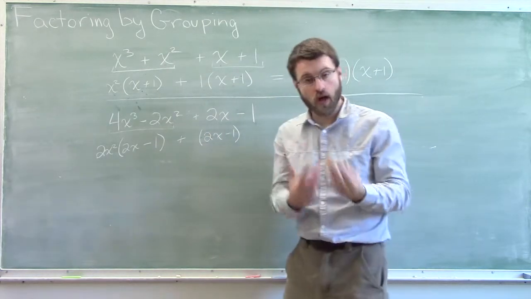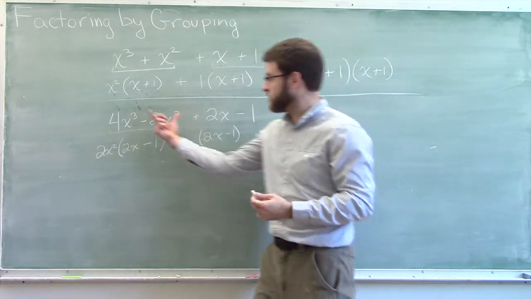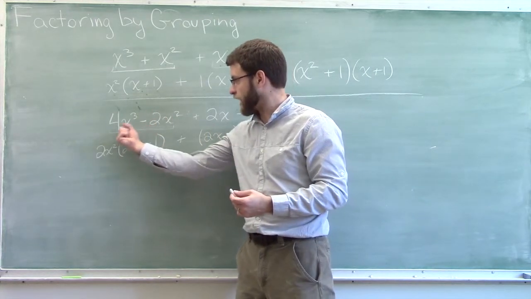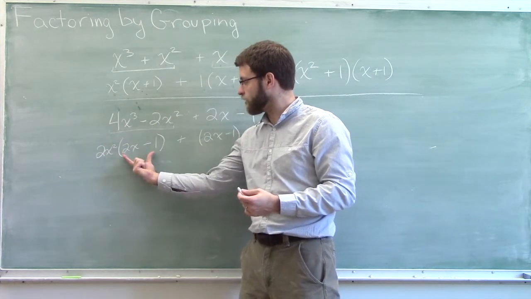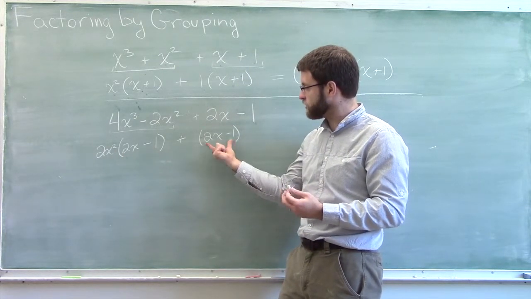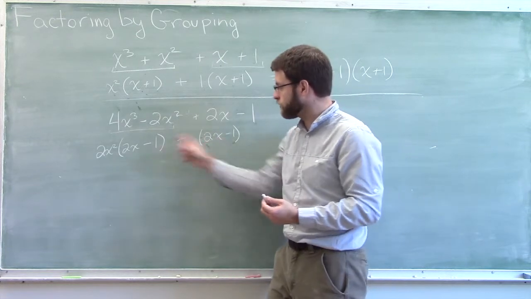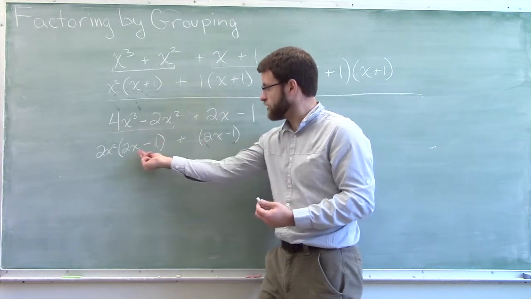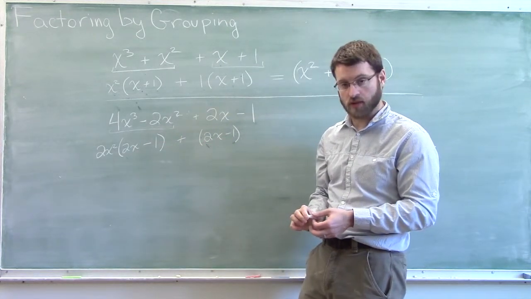But now we got what we wanted in the sense that the first two terms, when we factored out the common factor there, we're left with exactly the same expression that we have in these second two terms. Both groups share this expression 2x minus 1.